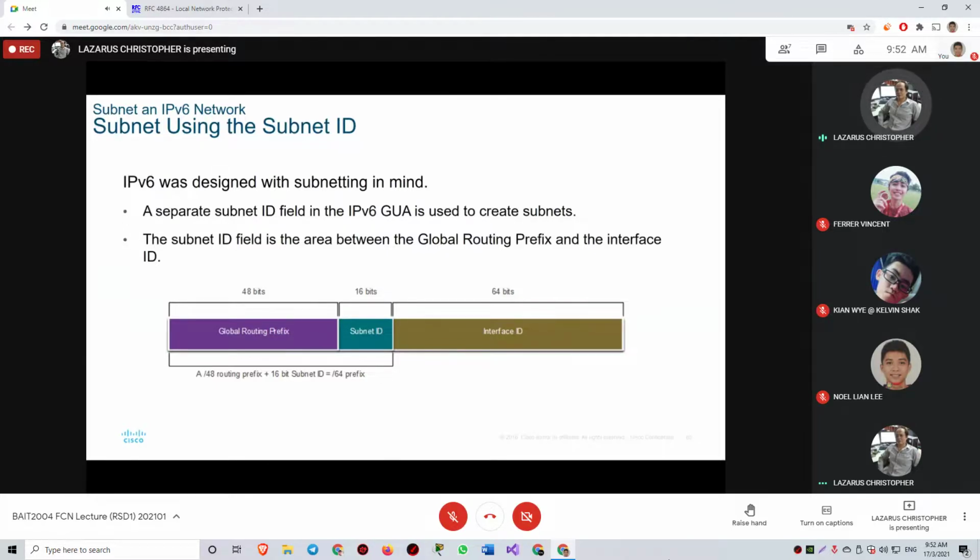So the subnet ID provides the differentiation. Even though you only have one global routing prefix provided to your organization, you can create many networks. Each network or subnet is differentiated by this subnet ID. So you have 2 to the power of 16 possible subnets. And each subnet will have how many hosts? 2 to the power of 64, and that is more than enough hosts per subnet.